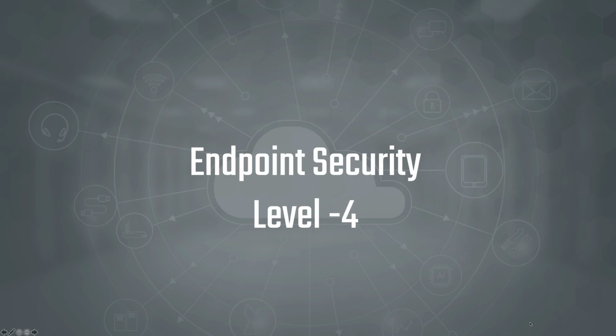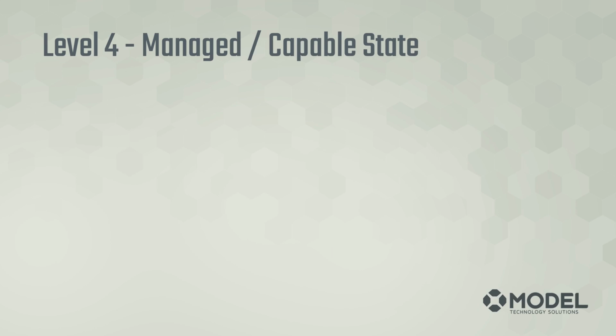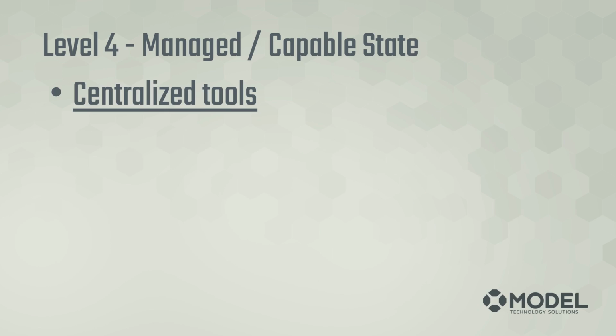So, endpoint security level 4. To start, let's first define what a level 4 for endpoint looks like. Generally speaking, for an endpoint level 4, or a managed capable state, we have centralized security tools that are integrated into the endpoint management toolset to provide easy identification of your security posture and the state of enforcement for those requirements.